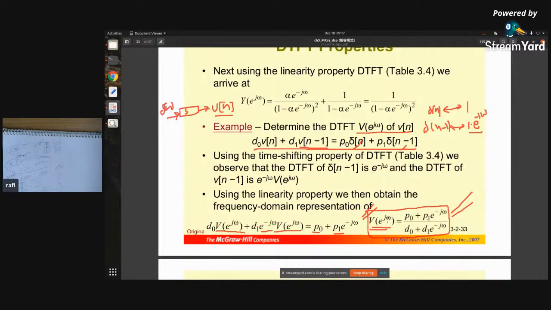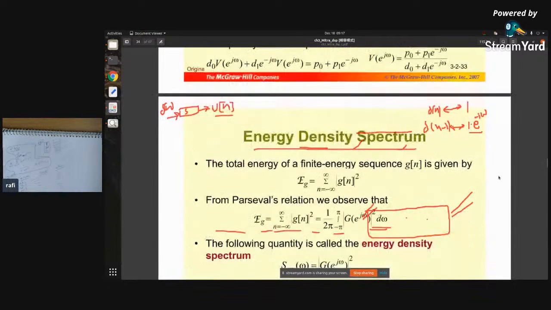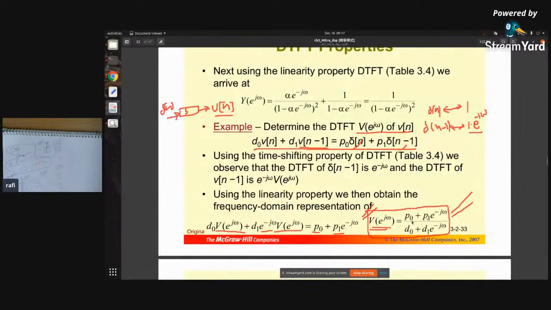By substituting different values of ω from −π to π, you can see how the system is behaving. When you plot the magnitude, I don't know whether he plotted it or not. No, he didn't plot it. So you can take some p0 and p1 values and just use MATLAB or Python.